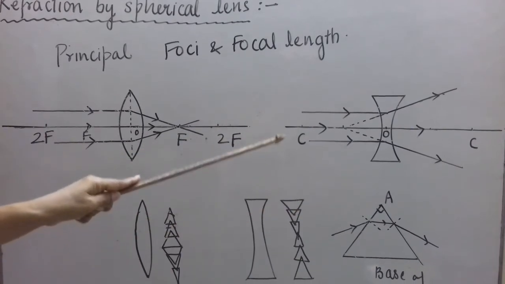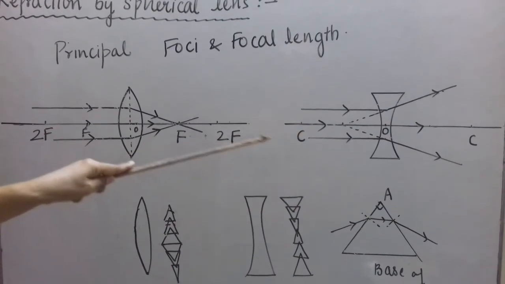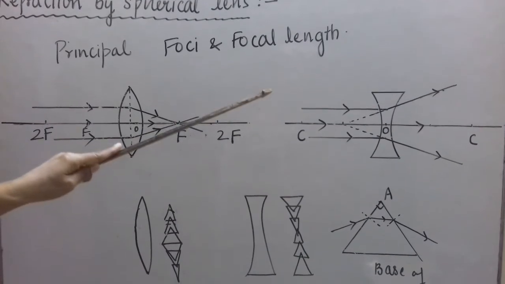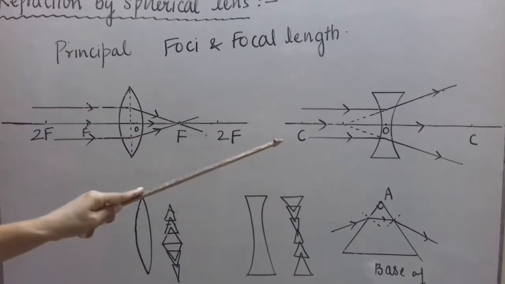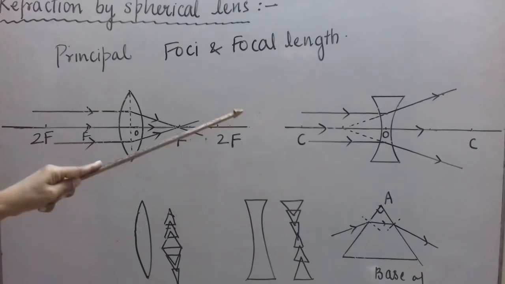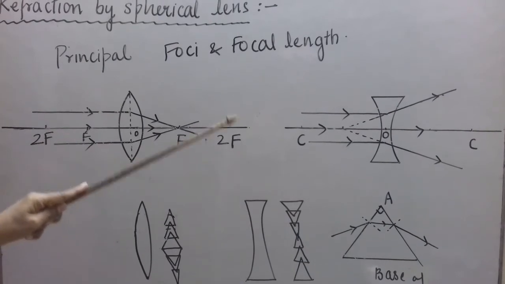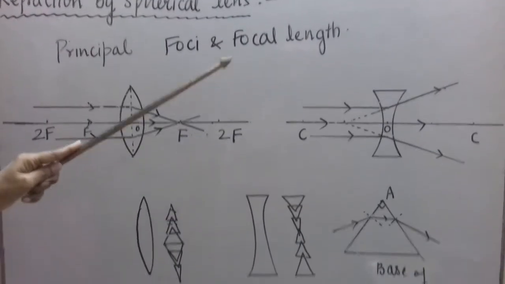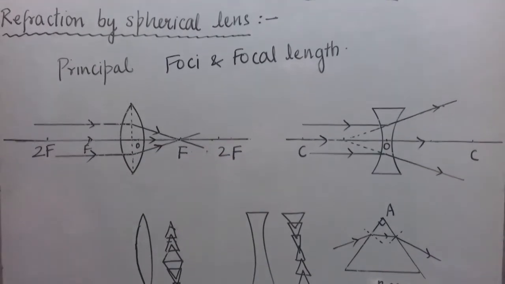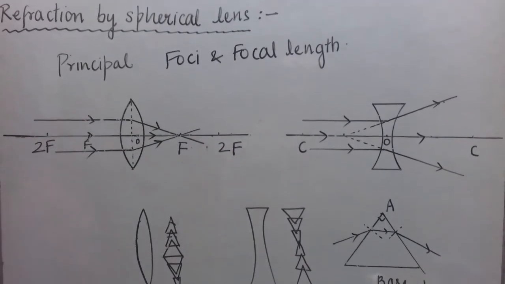So this point where they appear to meet, by dotted lines I have extended them backward. So a point on the principal axis where rays parallel to the principal axis appear to meet after refraction through a concave lens is called its principal focus.